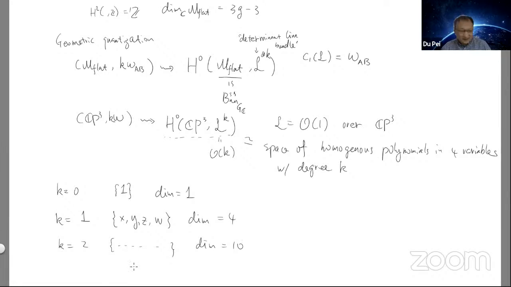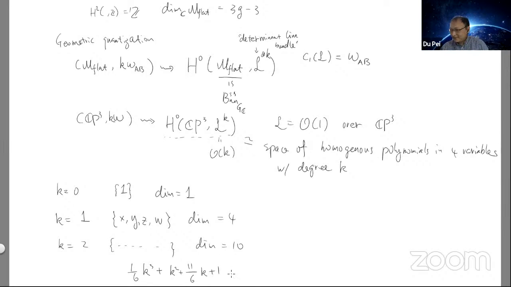For general k, you have exactly this formula: 1/6 k cubed plus k squared plus 11/6 k plus 1.